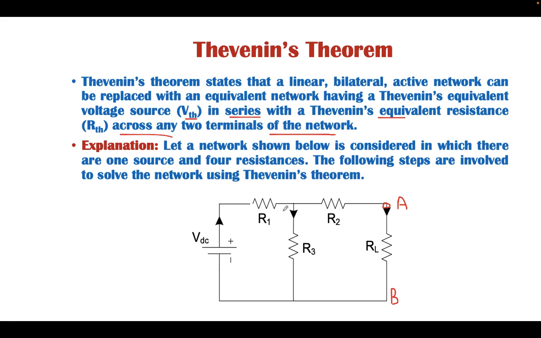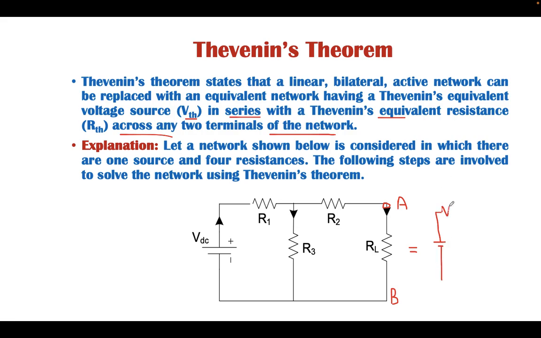In this network there may be any number of sources and any number of elements, and this network can be reduced to an equivalent Thevenin network. When this network is reduced to the Thevenin equivalent, we will have only a single source in series with a resistance.